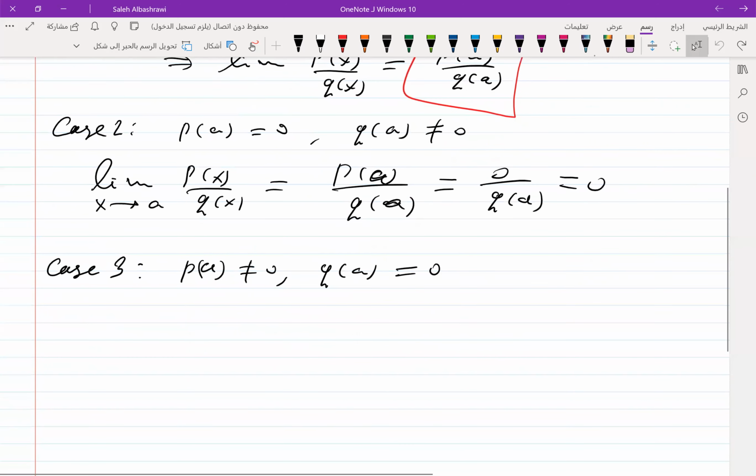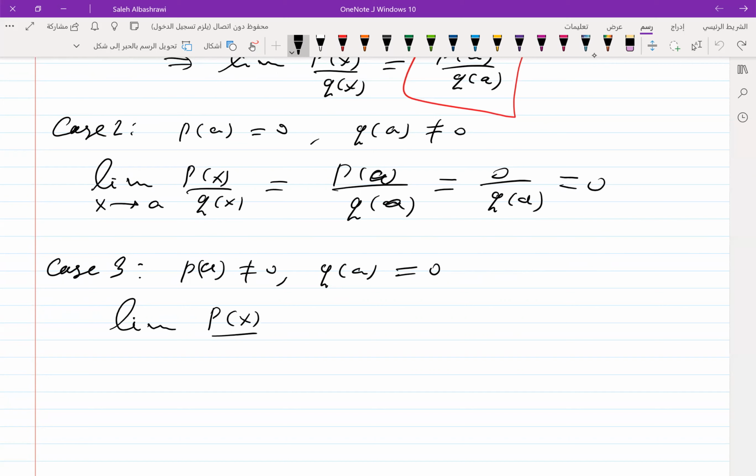So in this case, the limit of p of x divided by q of x will be p of a divided by q of a, which is p of a divided by 0, but in math, dividing by 0 is undefined. So for the limit, in this case, if the numerator is not equal to 0 but the denominator is equal to 0, we say it does not exist.